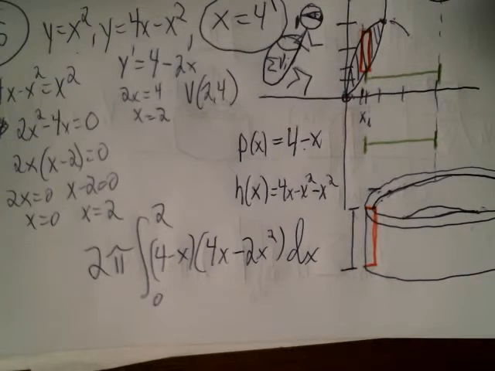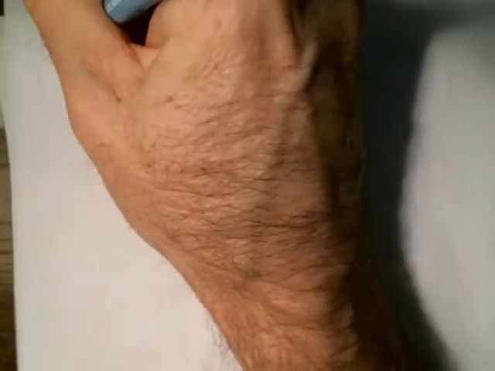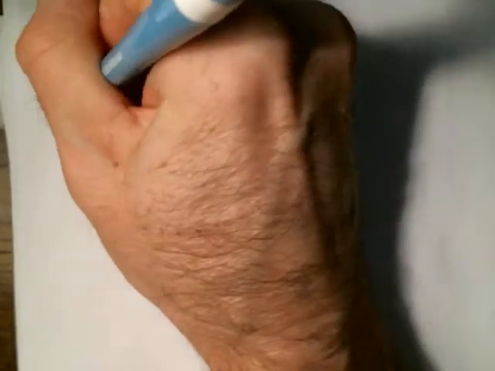Okay, so last but not least, I'm going to take a look at a question from a test from, wow, this is 7 years ago now. Time flies. So here's problem 8, test 2.